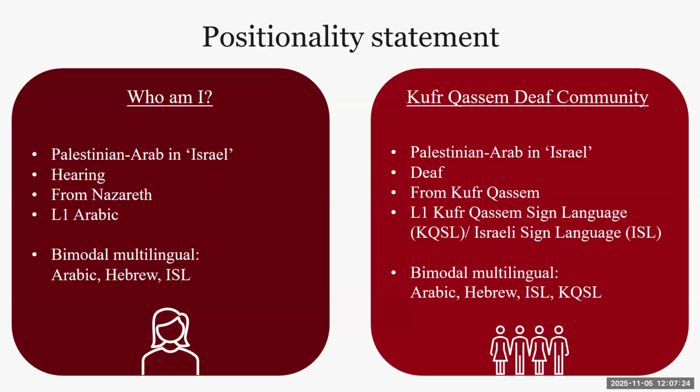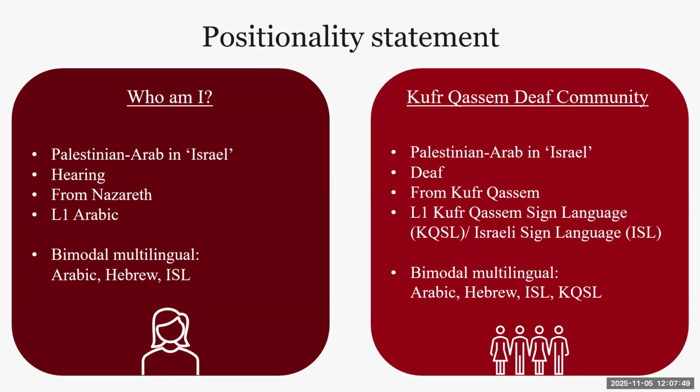The Kufr Qassem deaf community is also Palestinian Arab from Kufr Qassem, which is an hour and a half away from Nazareth. But they're deaf, and their first languages are the local sign language, which is only used in that town, KQSL, or Kufr Qassem Sign Language, and the national sign language, Israeli Sign Language, or ISL.